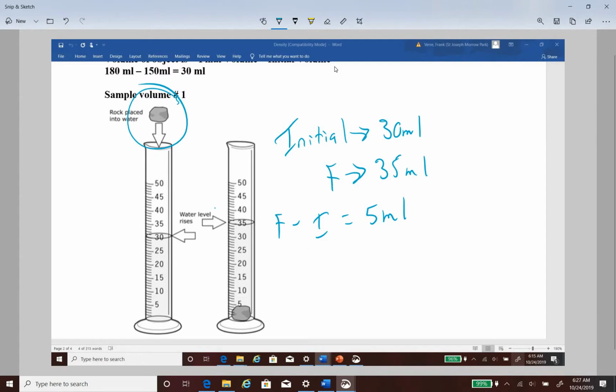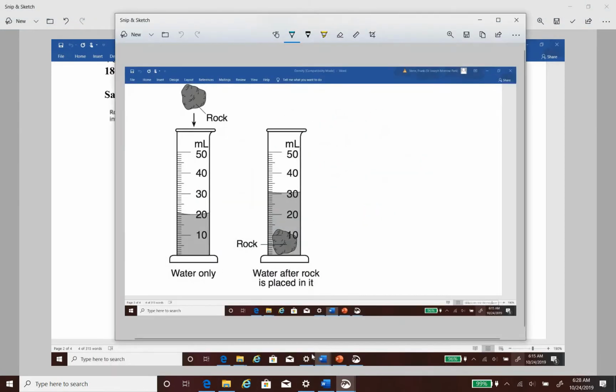Now, let's look at another example. You can see the initial volume is 20 mils, and the final volume is about 30. You have to read the bottom of the curve, by the way. It's always the bottom of the curve. So it looks like it's a little bit more than 30, in between 30 and 31.